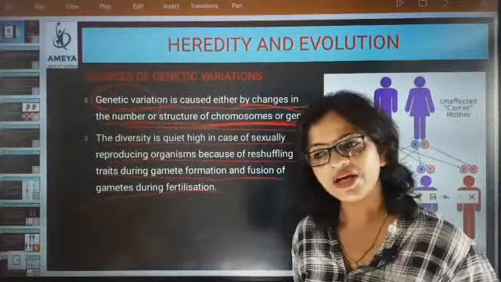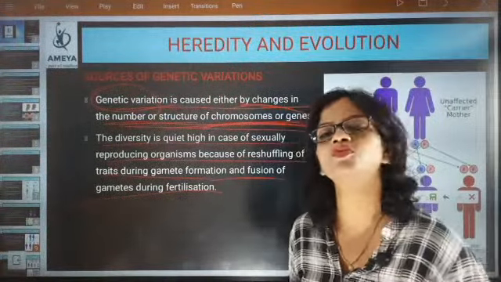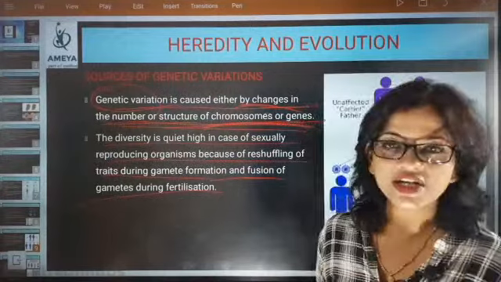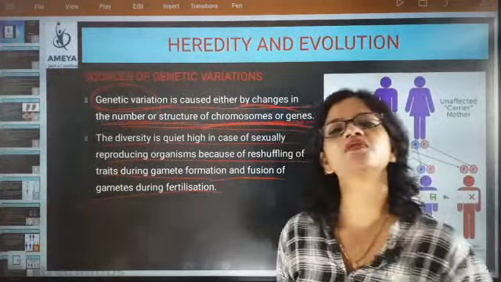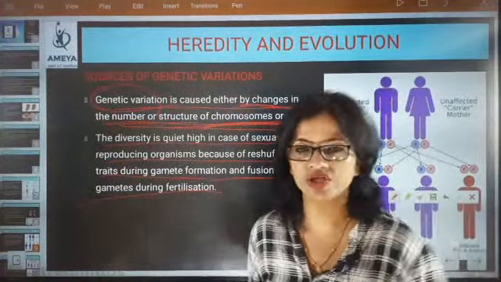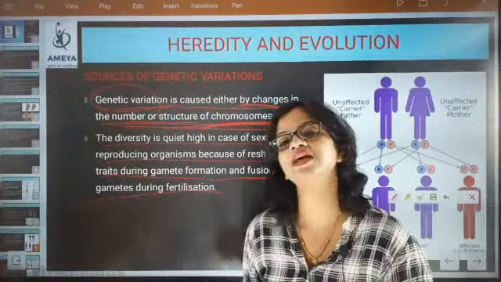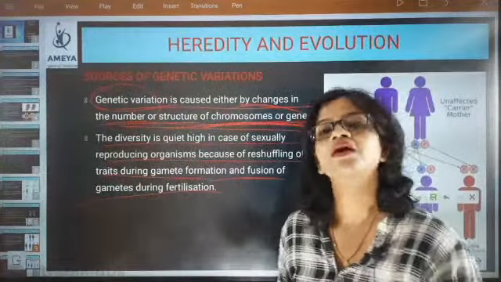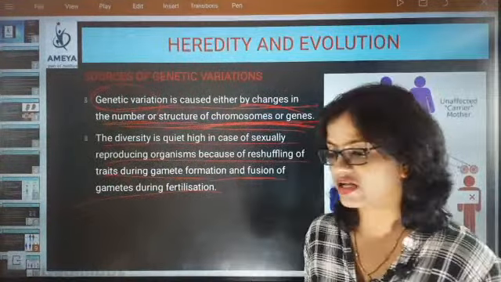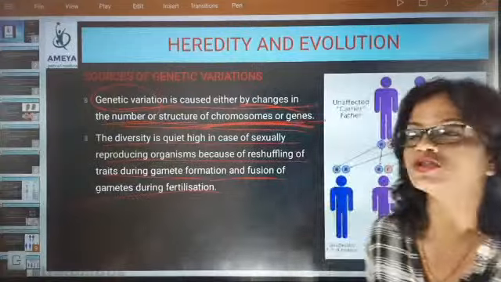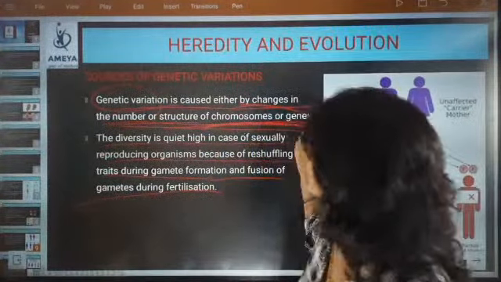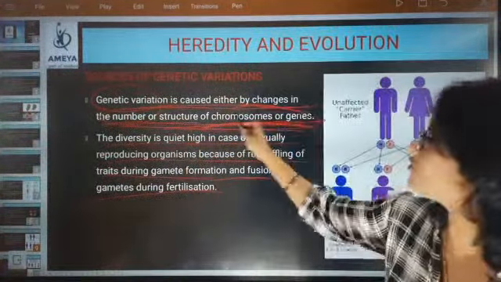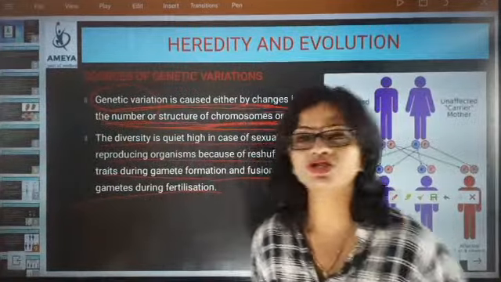If there is such a change, genetic variation will be there. This genetic variation you name as mutation, because small changes in the gene cause mutation. I hope you have understood. So the number or structure of chromosomes or genes is responsible for it.